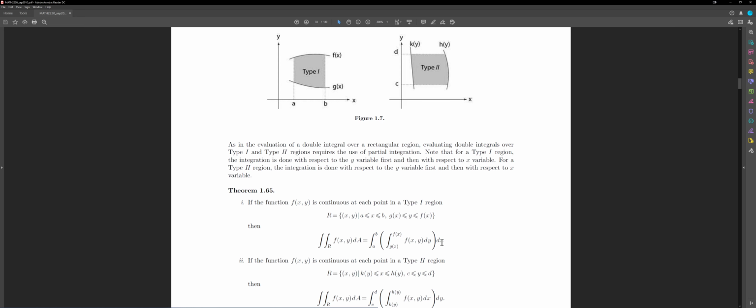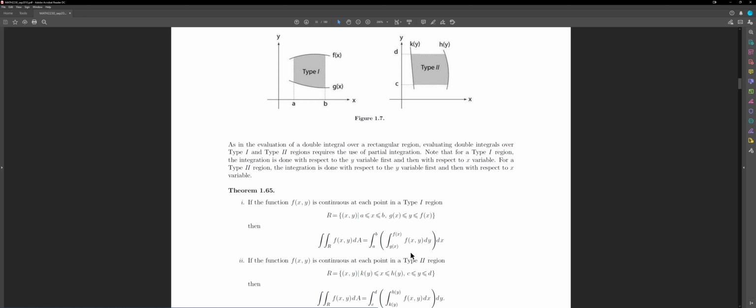For the outside integration, where you integrate with respect to x, the limits would be a and b. These are the x limits of integration, from the a and the b over here. So for type 1, you always integrate with respect to y first, and then with respect to x.